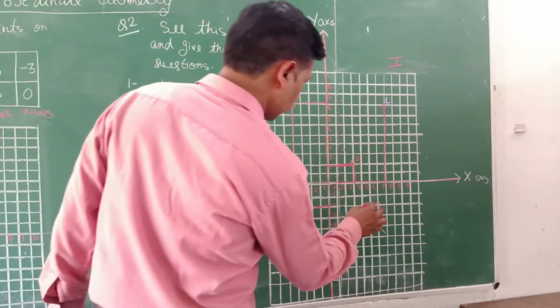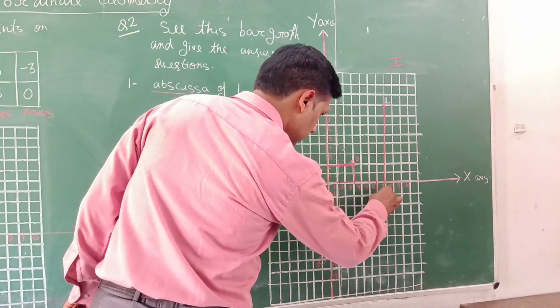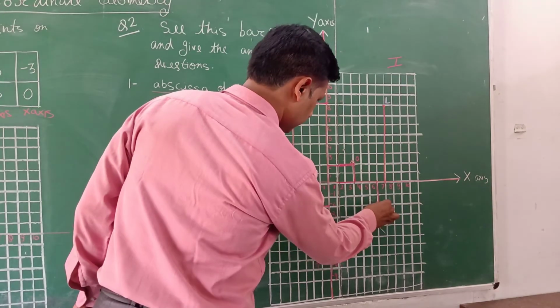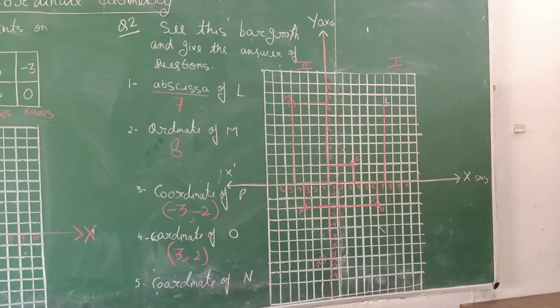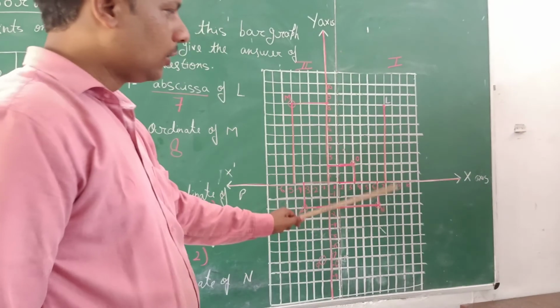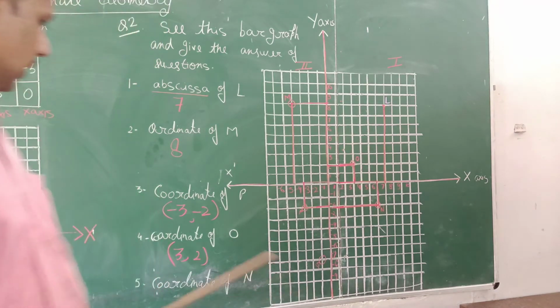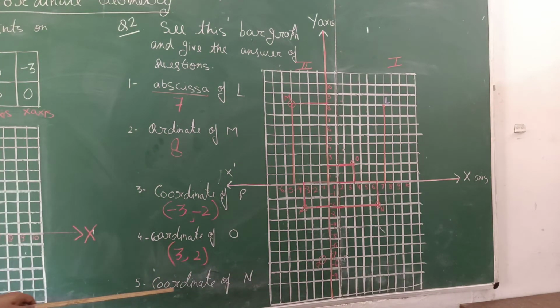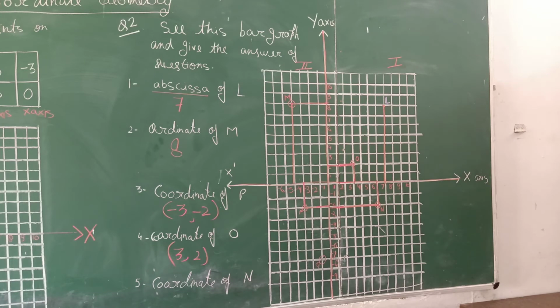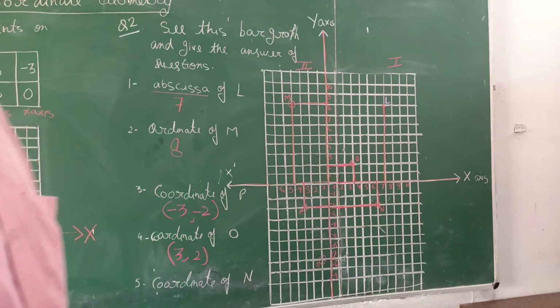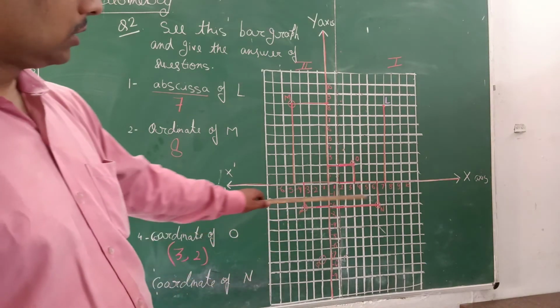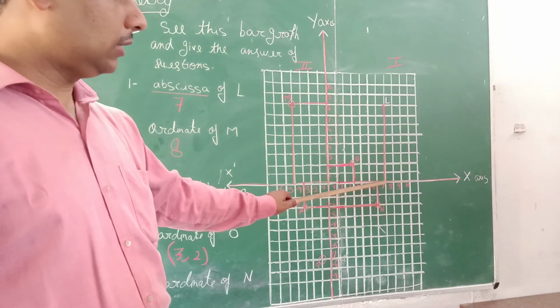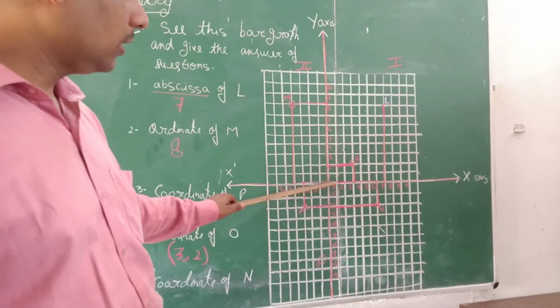Point number N. So make the perpendicular lines. These are two perpendicular lines from point N to both the axes. Now the question is to find the coordinate. So you have to write the value of x and the value of y also. First we will write the value of x. So measure on the x-axis the distance of this perpendicular line from the origin.